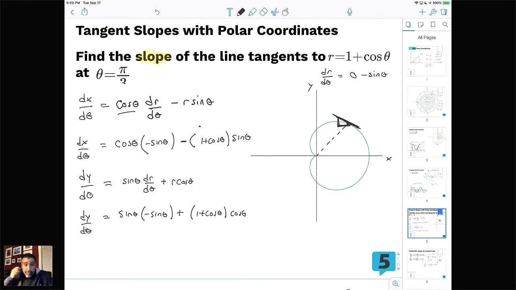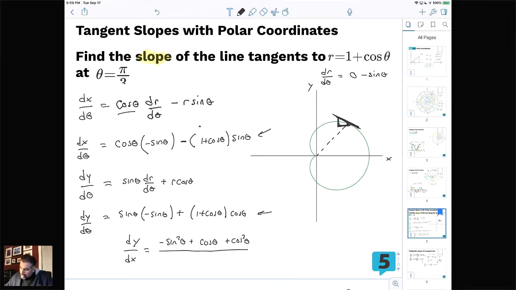In order to find our dy over dx, we will take these two results and put them into a quotient with dy over d theta first on top. So that's going to be negative sine squared theta plus cosine theta plus cosine squared theta. That's just simplifying this expression as I go. And then on the bottom, it will be the dx over d theta.